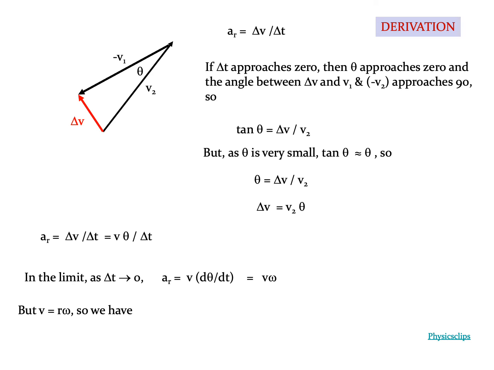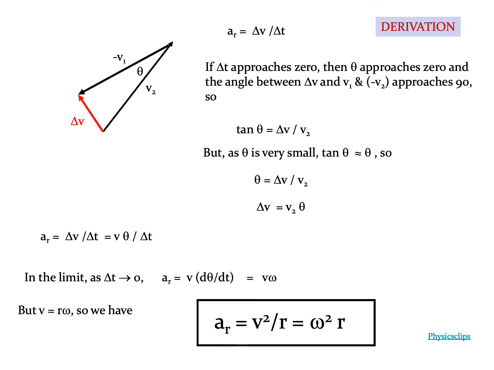Okay, remember v is a constant in magnitude. So delta theta over delta t becomes d theta by dt. But hang on a minute, d theta by dt is omega. So the centripetal acceleration is equal to v omega. But we already know from an earlier lesson that v equals r omega.